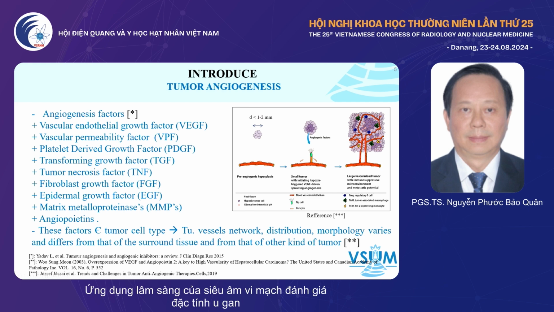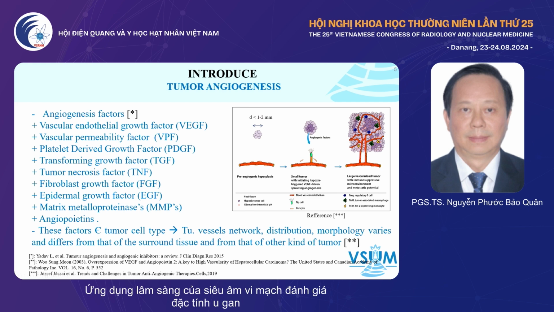Now we talk about tumor angiogenesis. When a tumor is larger than 2 millimeters, it requires proper vascularization. Many studies prove that the process of angiogenesis needs many angiogenic factors like VEGF, VPF, and so on.